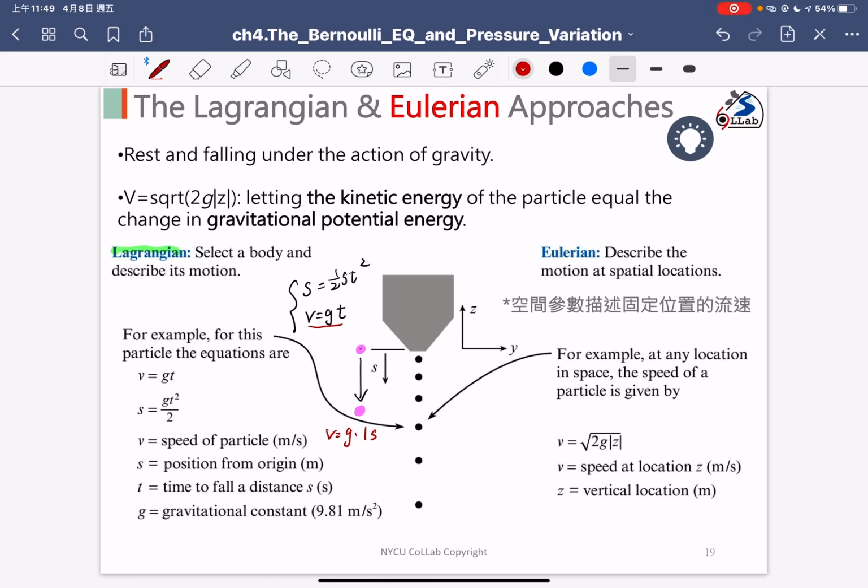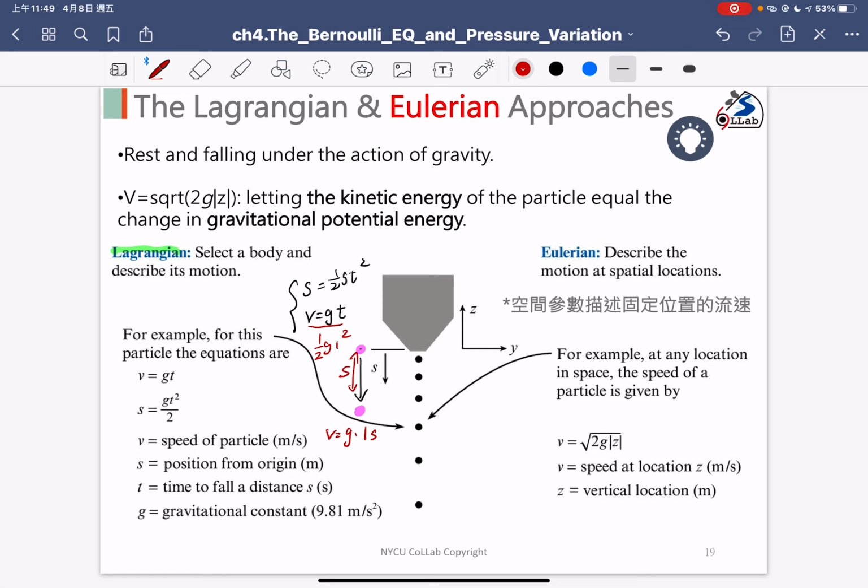And I know the distance between the 2 points, one half g times 1 squared. So if I define the initial point and I have the physical property function related to the time, I can predict the next step. So this is a Lagrange.